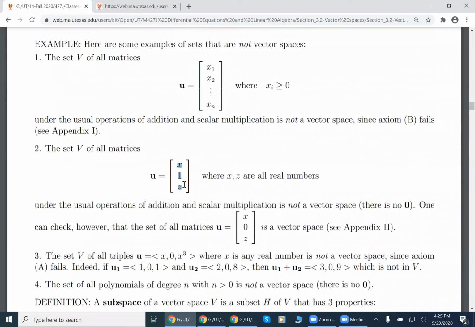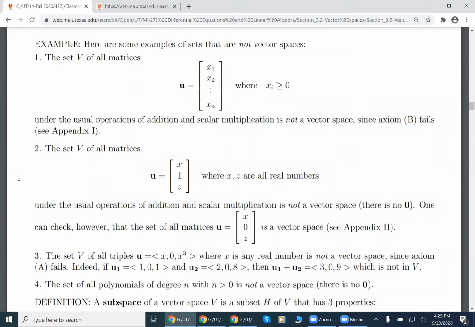This is not a vector space. One of the reasons is that in this set there is no 0, because 0 is the following matrix: 0, 0, 0. This matrix is not in this set because here we have 1 in the middle.